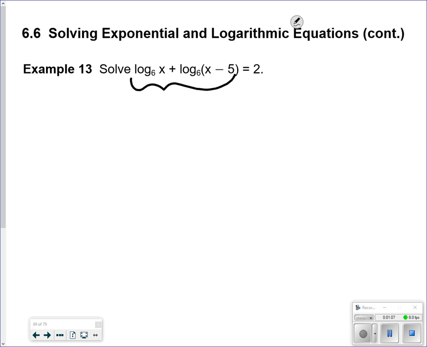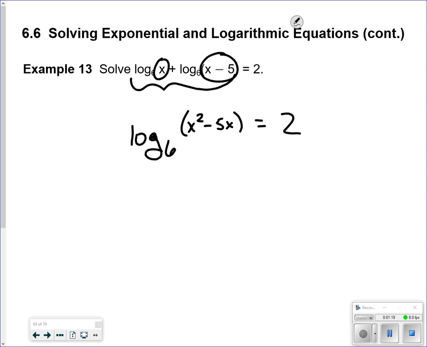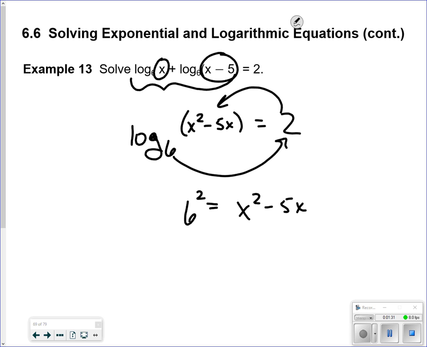If you remember right, a log plus a log can be condensed into one logarithm if you multiply. So x times x minus 5. So now I have a situation in which you have a log equaling a number. Base, exponent. So 6 to the second power is going to equal x squared minus 5x.